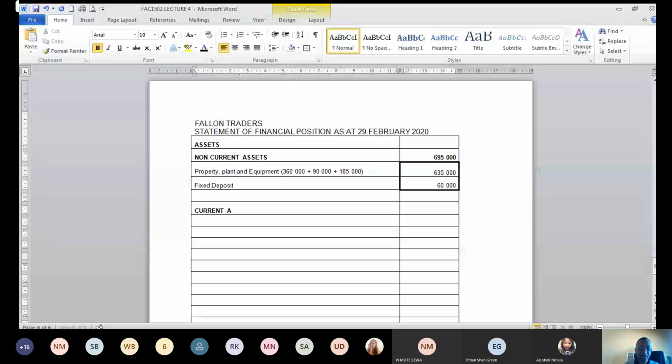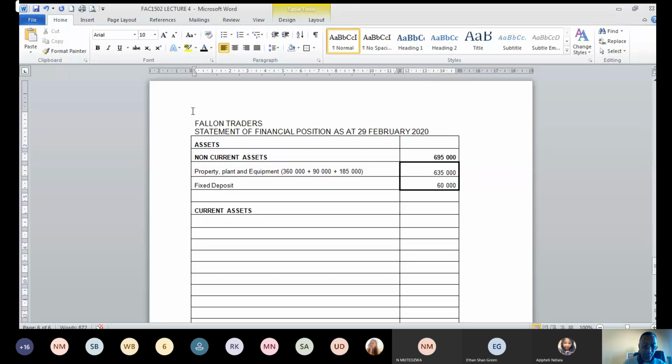The first category that we will have is our inventory. The value of our inventory is the closing stock, which we got in our additional information. And your inventory is the amount of 28,300 Rand.